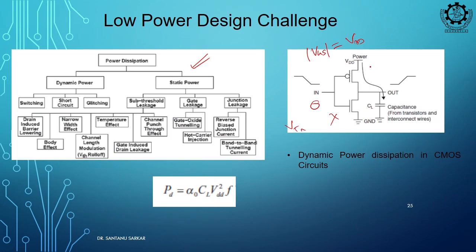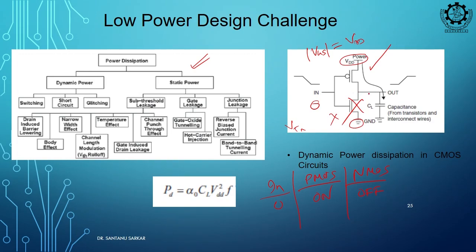So, PMOS is on. So, input 0, PMOS is on, NMOS is off. Is there any direct connection from VDD to ground? No, this path is broken, right.